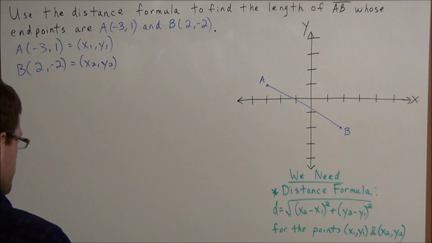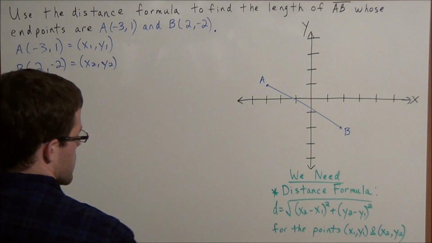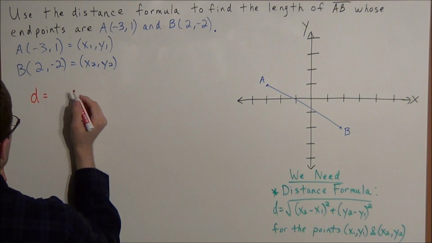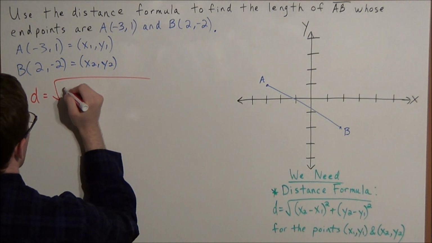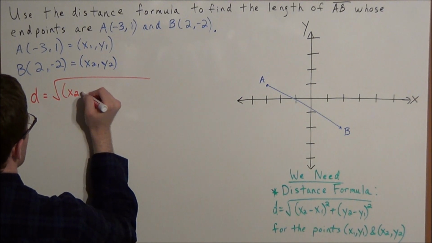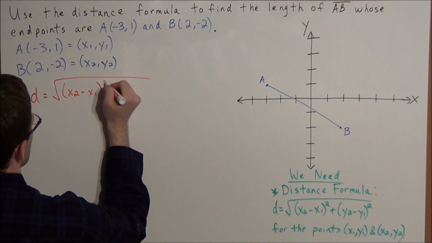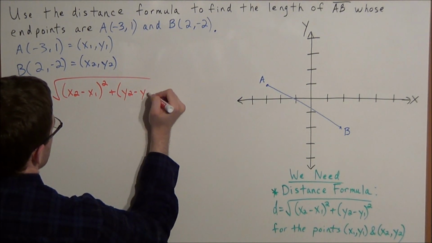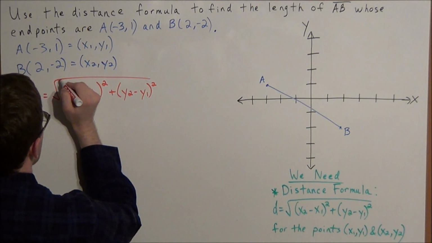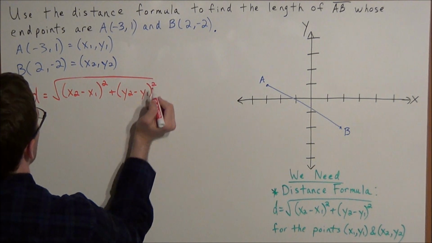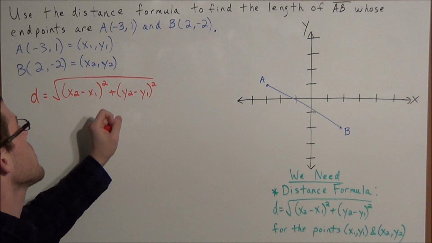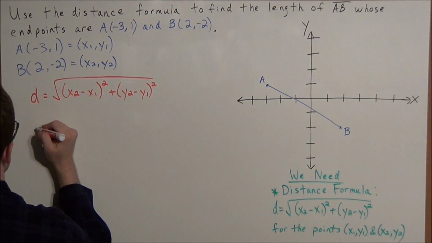So I'm going to set up the distance formula. We're looking at D equals the square root of (x2 minus x1) squared plus (y2 minus y1) squared. Now all we need to do is substitute for x2, x1 and y2, y1.